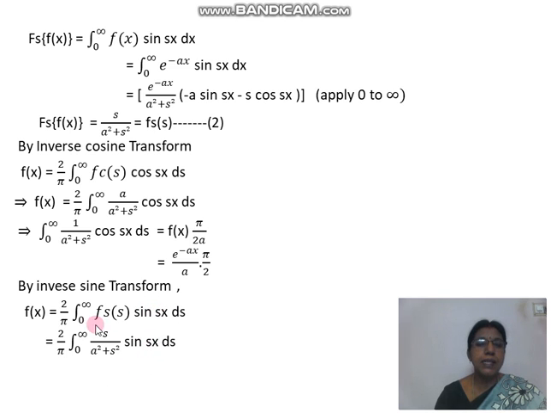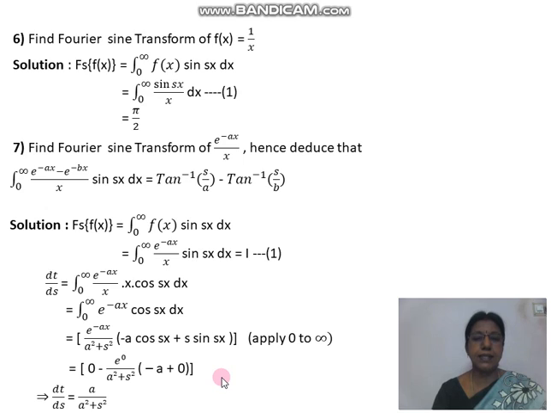Now we need only this integral value. Bring these two terms to the other side: f of x into pi by 2. Now this integral is equal to e power minus ax into pi by 2. Okay, this is the first integral evaluation and this is the second integral, which are the required derived integrals.